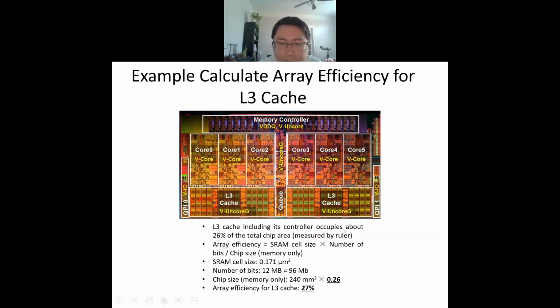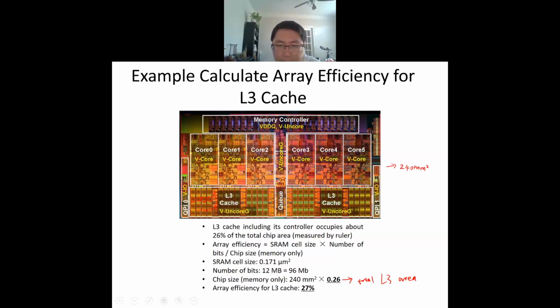From the total chip, you can find this data from Intel's spec. It gives you the total chip area for the whole processor, 240 millimeter square. But if you use a ruler and estimate the percentage of those two white boxes, it is about 26%. So this gives you the total L3 area.